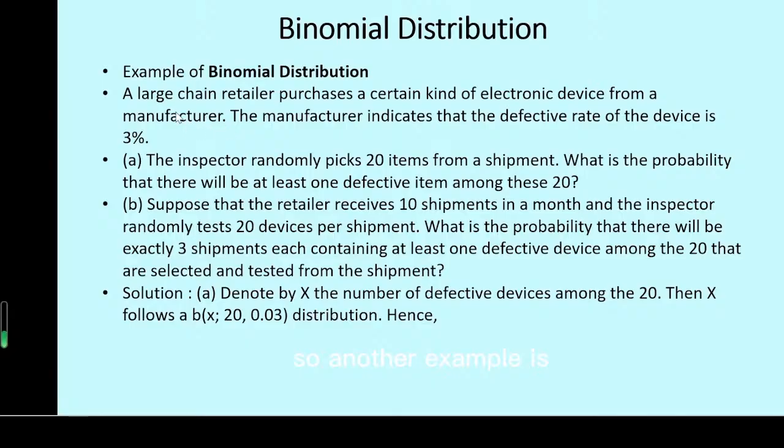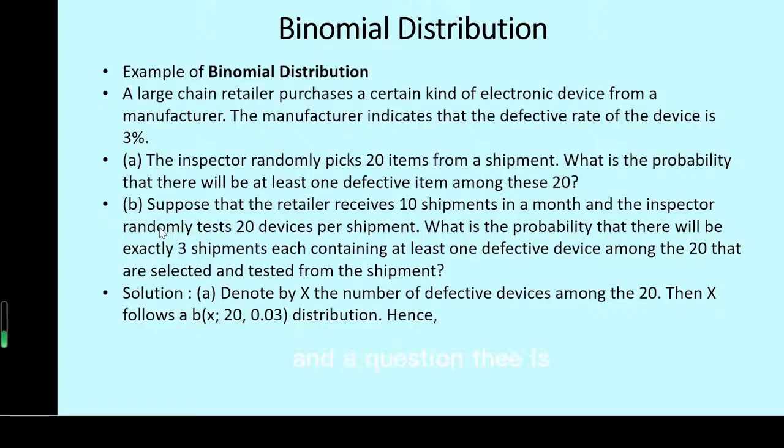So another example is, a large chain retailer purchased a certain kind of electronic device from a manufacturer, and the manufacturer indicates that the defective rate of the device is 3%. So question A is, the inspector randomly picks 20 items from a shipment. What is the probability that there will be at least one defective item among these 20?